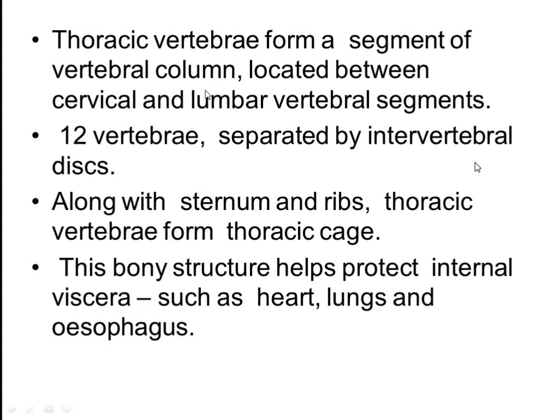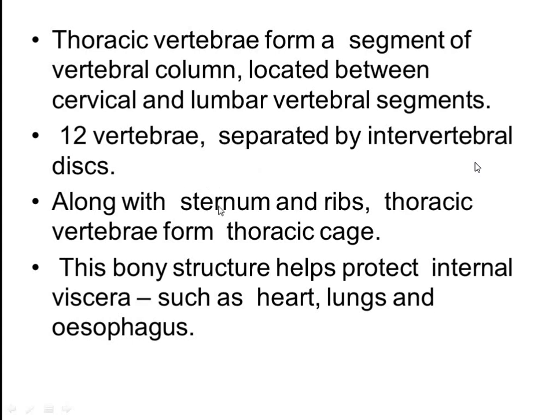The vertebral column is one complete column with articulations between the cervical and thoracic, thoracic and lumbar, lumbar and sacral, and so on. The 12 thoracic vertebrae are separated by the intervertebral disc, which is fibrocartilaginous.